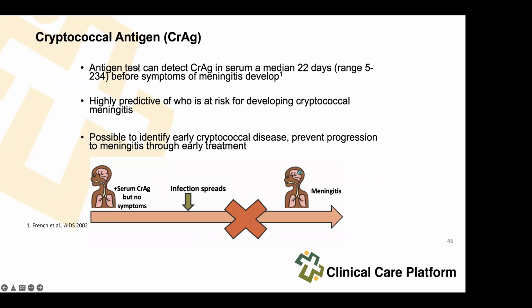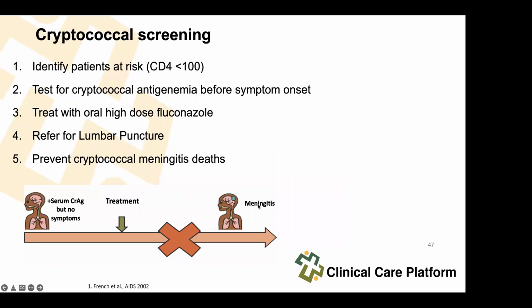Pay attention that your crack antigen test can be detected on a median of 22 days before the meningitis develops. This is important because sometimes we think this is like a tuberculosis skin test kind of thing. No, patients who have a positive crack antigen in the blood have an infection in the blood which has disseminated. In the next few days it will become meningitis, especially if we fail to detect it and start appropriate treatment, which is quite key.